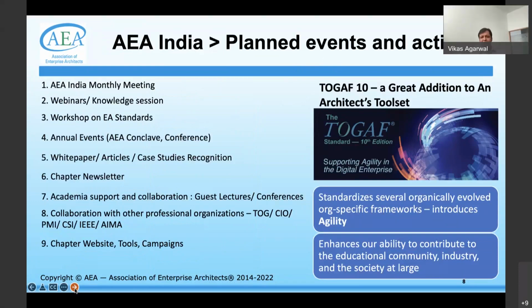Sure. So on the screen that you see, you have a list of several activities which involve as many community members as we can have. The key idea is that we want to grow the adoption of enterprise architecture as a discipline. To do that, AEA, the Open Group, we all need to join hands, and we would like to have as many members on the board, on the forum with us.